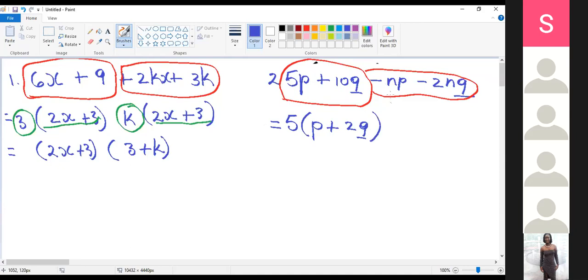Great. And then this one now, we need a factor for negative NP and negative 2NQ. N. I'll give you a little problem with N, but I'm going to work it and make you see what the problem with N is. So let's use N. Anybody have any other ideas before I use N?